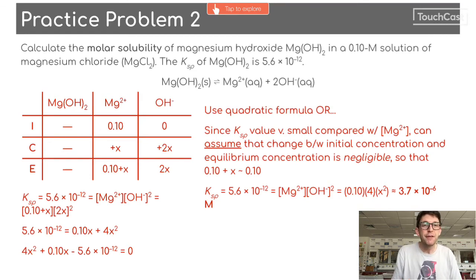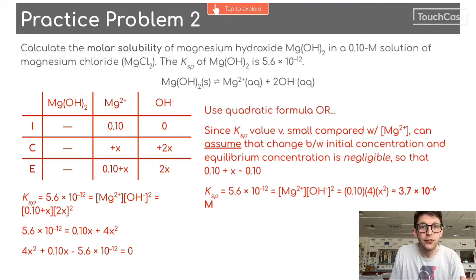If the concentration of the ion is really large compared to the solubility product constant, the Ksp, then we can pretty much say that the change in initial concentration to equilibrium concentration is going to be negligible. It's really not going to matter. And because of that, we can simplify the expression, right?